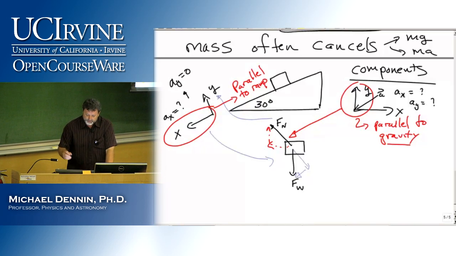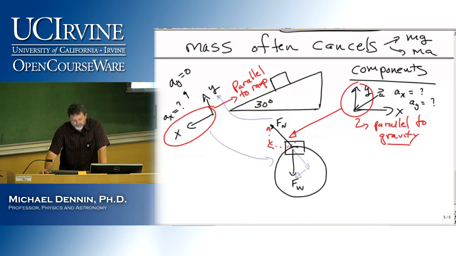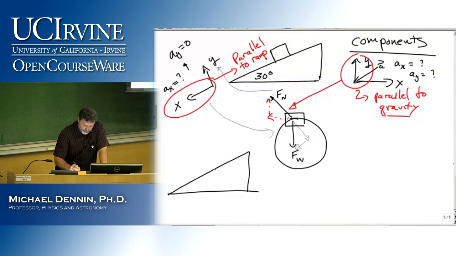What that means is you will most often have to break weight into components, and you want to be very comfortable drawing your triangles. So here is the direction of the weight. Here is my angle theta. Let me put the label for weight down here.